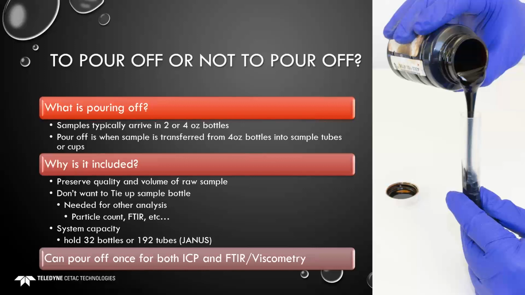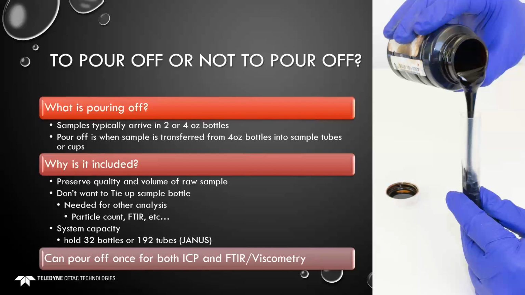So there are people who really want to use bottles, and there are a lot that drive towards this pour-off step. Just important to understand what the need is. Another option for pour-off that I think could be a really good one is that you can pour off once for 2 analyses. I know this is done in a couple of laboratories where they will pour off for their FTIR analysis, and then they'll actually prepare out of those same tubes.